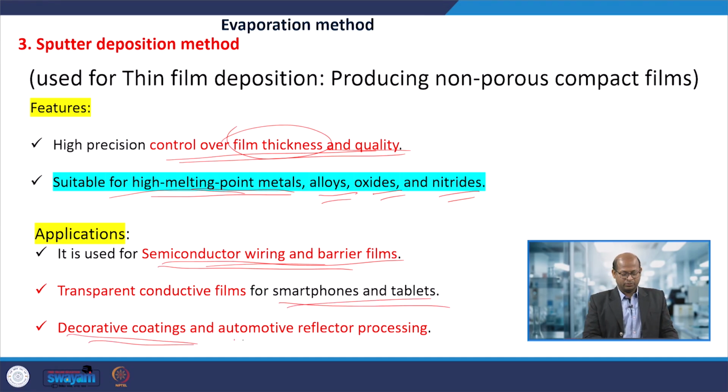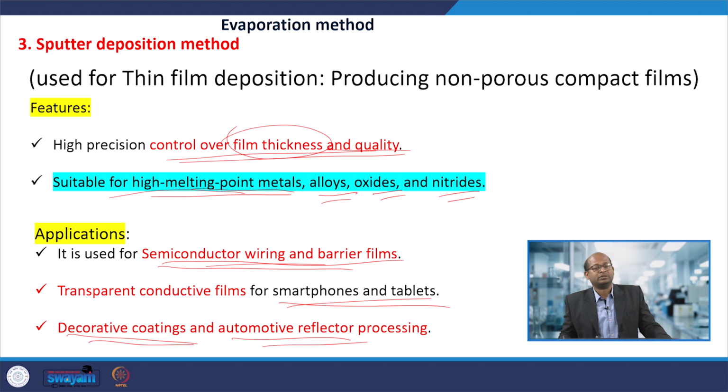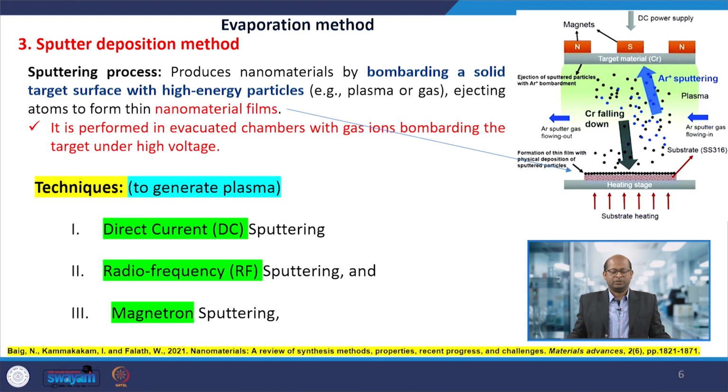Also decorative coating and automotive reflector processing can use sputter deposition.